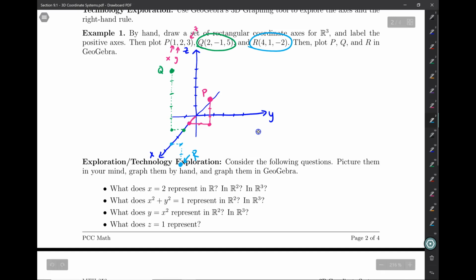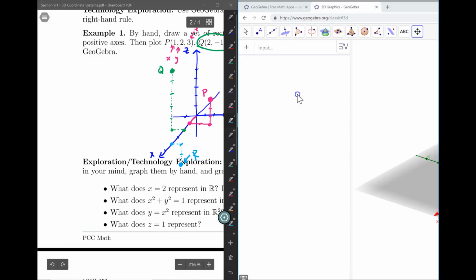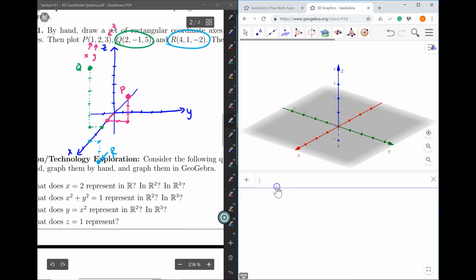Now let's plot these in GeoGebra as well, so we can get a visual of how all these points relate to one another in space, and play around with the orientation a little bit. I'll do a split screen here so I don't have to remember what the points were.